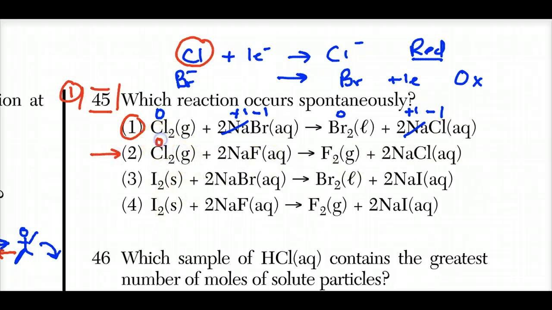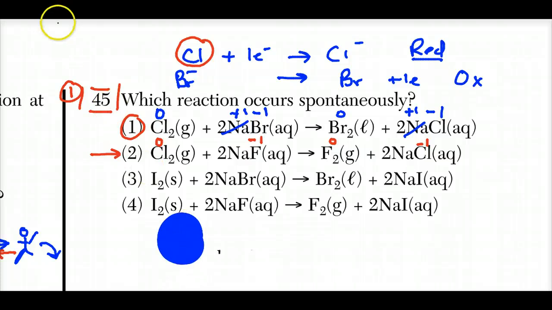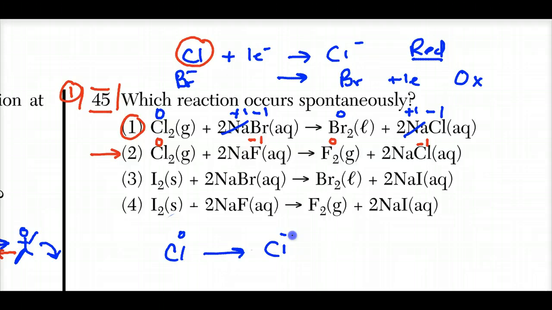So chlorine is 0. It's becoming -1. F is -1, so it's becoming 0. If we draw our half reactions, we're going to have chlorine 0 going to chlorine -1.